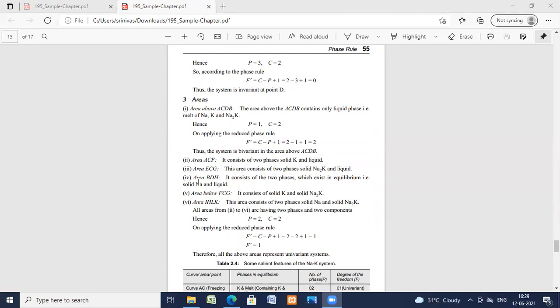Similarly, for area BDH, it consists of two phases, solid sodium and liquid.